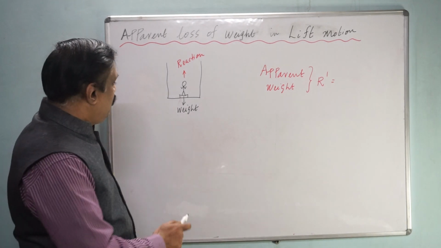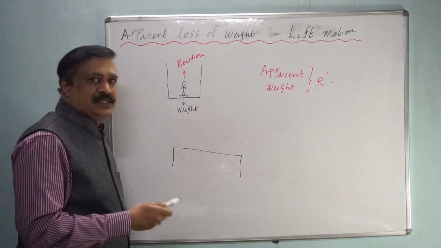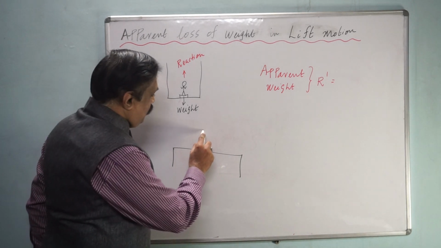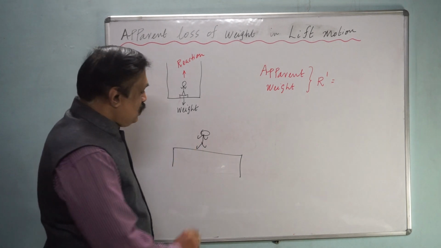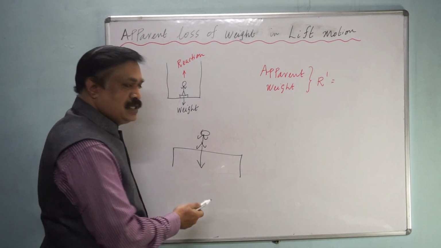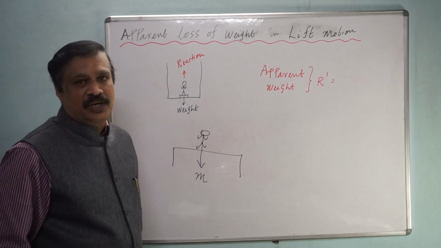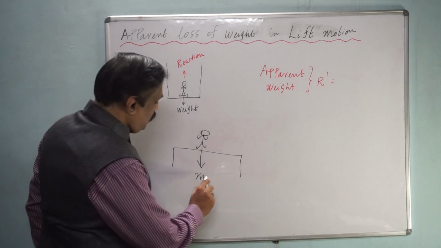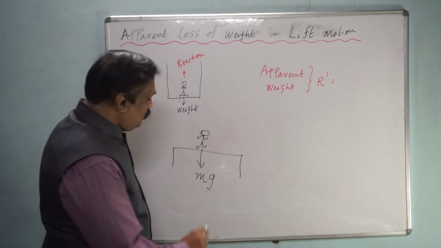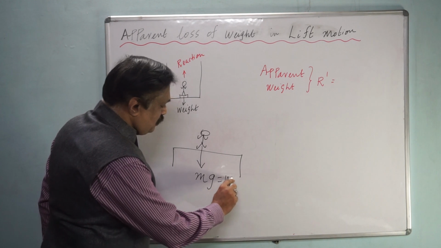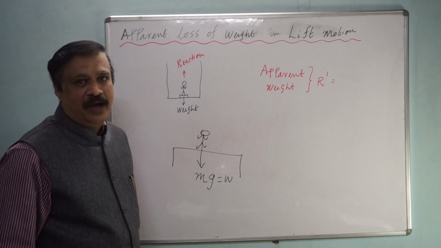Before that, see this is a table or you can say ground also. A person is standing here. That means his mass is there, around 60 kg. If you multiply this by acceleration due to gravity, then it is called weight. Weight means mass into acceleration due to gravity.